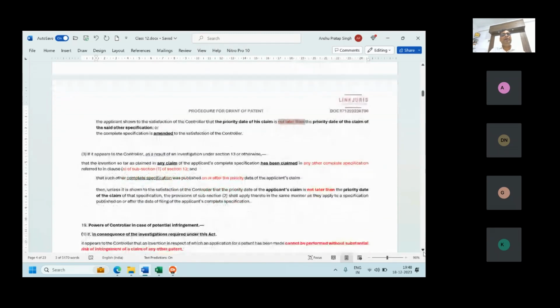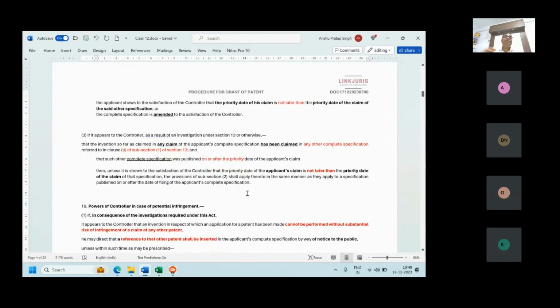Then comes 18.3. 18.3 talks about 13.1, the Indian patent prior publication. He is saying if there is again a claim that is the same as claimed in the other prior publication, then the same thing applies.